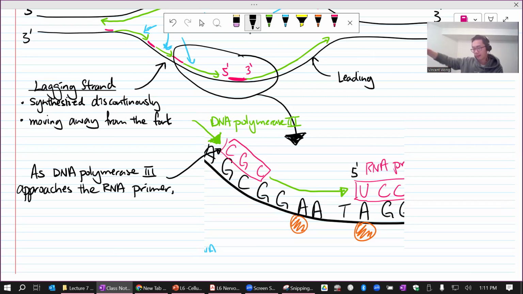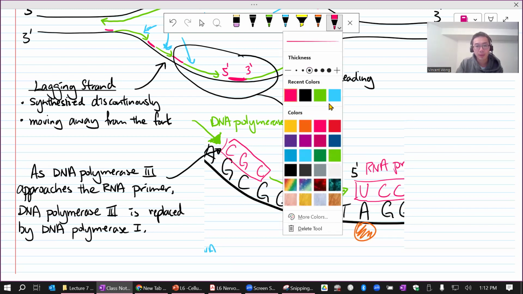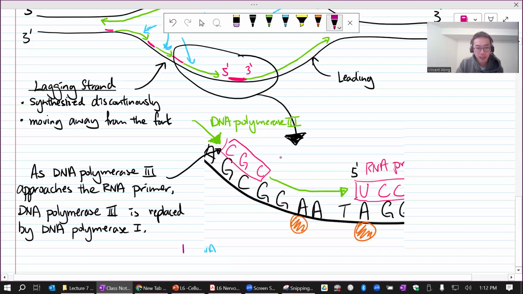The primer is the red thing that was laid down by the primase. As DNA polymerase 3 approaches the RNA primer, DNA polymerase 3 is replaced by DNA polymerase 1. Okay, it's going to be replaced by DNA polymerase 1.